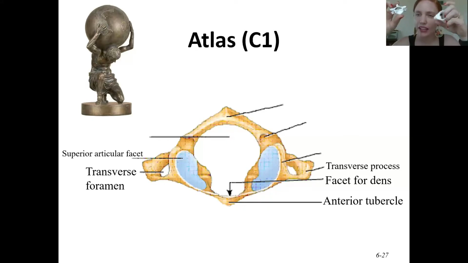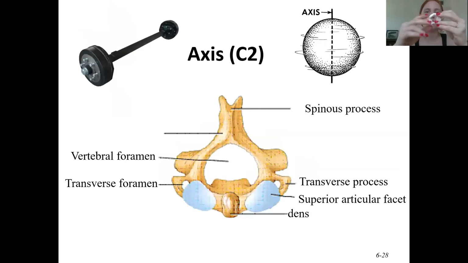That is the body. To me, the most distinguishing characteristic of the atlas is that it does not have a body. So if you see a picture of a vertebrae with no body, it has to be the atlas. All of the other vertebrae have a body. We would still have the transverse process right there. So this is the atlas because it holds up the globe.